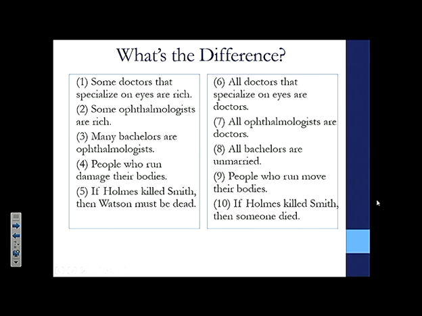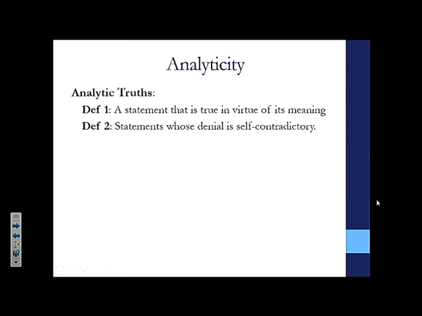All right, so we got a term for the difference between these two kinds of statements. We call certain statements that are true in virtue of their meaning analytic truths. Or sometimes this following definition is used: a statement whose denial is self-contradictory.